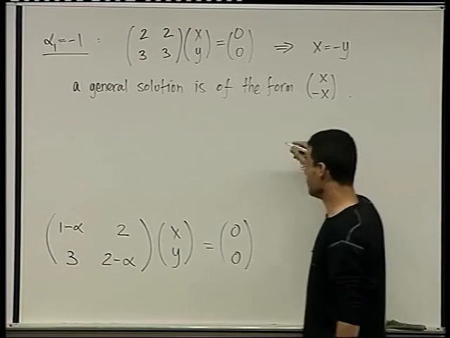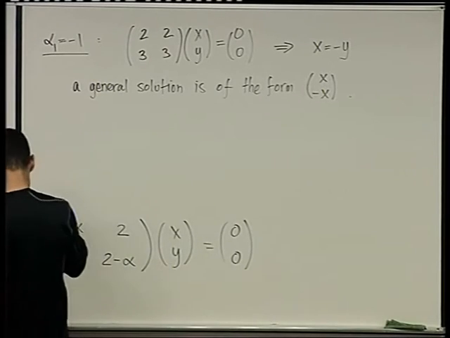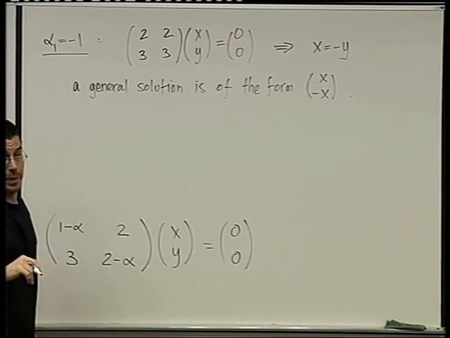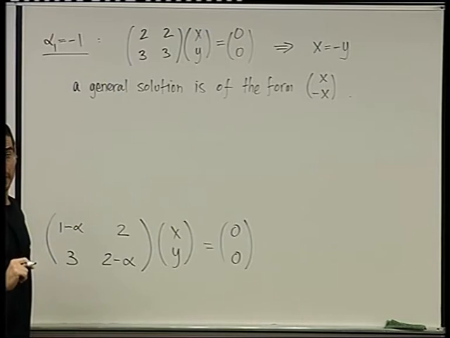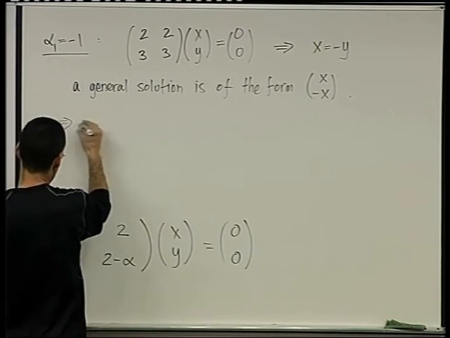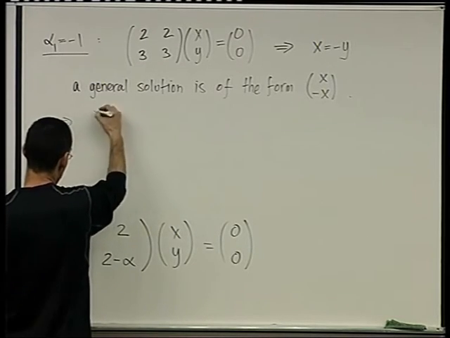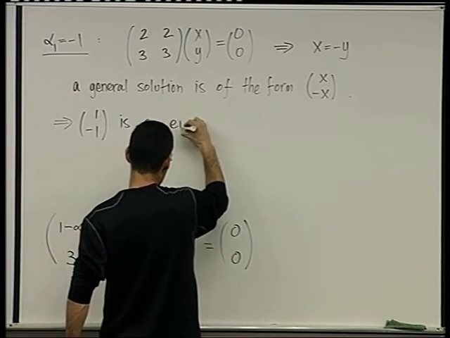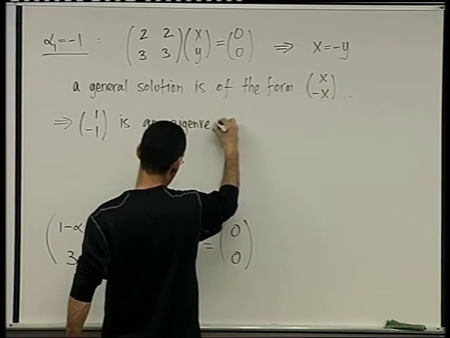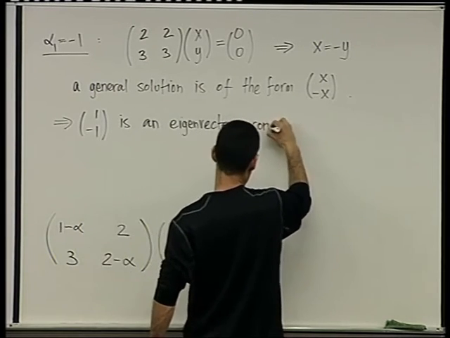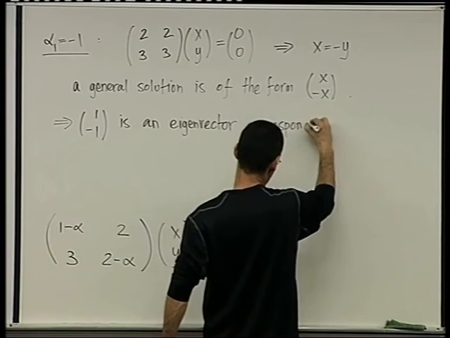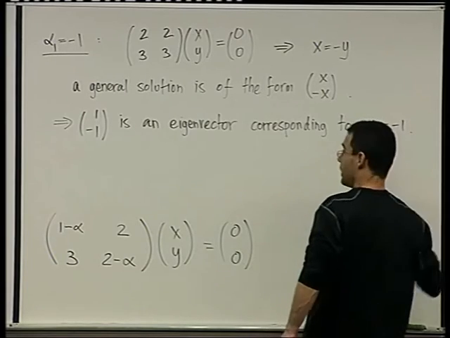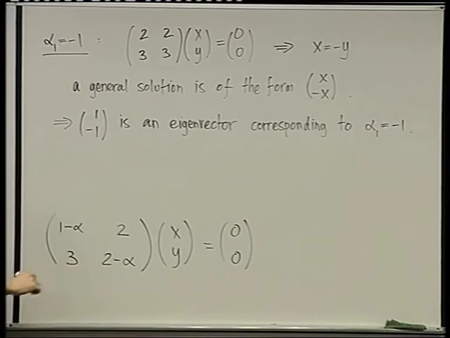So if we take any non-zero x, for example 1, then 1, negative 1 is an eigenvector corresponding to alpha 1 equals negative 1. Good?